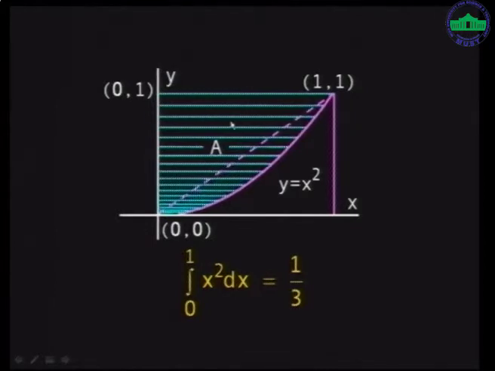But this triangle has an area of 1/2, so the area above the graph is 2/3, and since the area of the square is 1, because it has side length 1, the area beneath the graph is equal to 1/3. Here you get it in our new symbols: the integral from 0 to 1 of x squared dx is equal to 1/3, and this in fact is the first result ever discovered in calculus in ancient times.